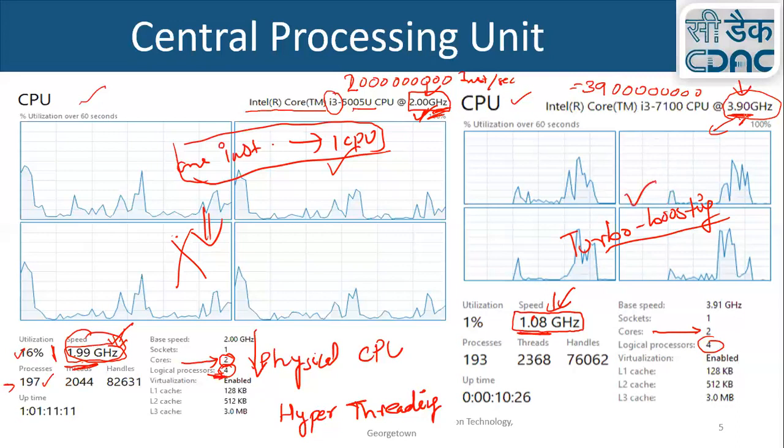The meaning is this: maximum speed is 3.90 gigahertz, but current speed is 1.8 gigahertz. If the system feels that you need more computation, this speed dynamically increases up to 3.9 gigahertz. That's turbo boosting. But here the speed is always 1.99 gigahertz, neither increasing nor decreasing.